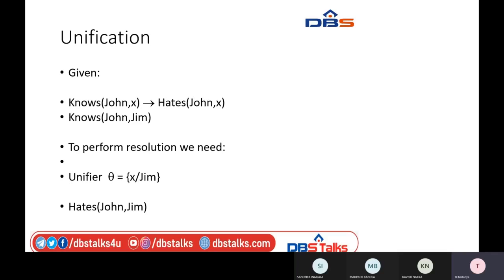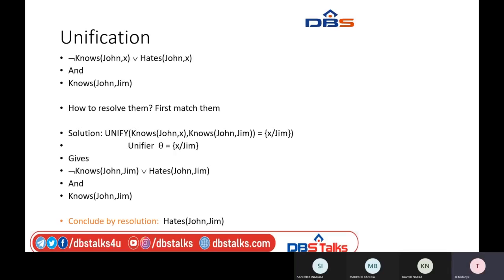So let us take the example algorithm for unification. This is the aim: knows(John, Jim), is it suitable, true or not? Let's check. First, unify: class 1 can be substituted here, and class 2 is knows(John, Jim) if X by Jim. Yes, the unifier is theta, X by Jim.